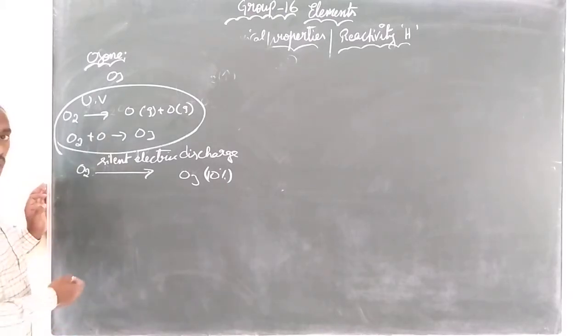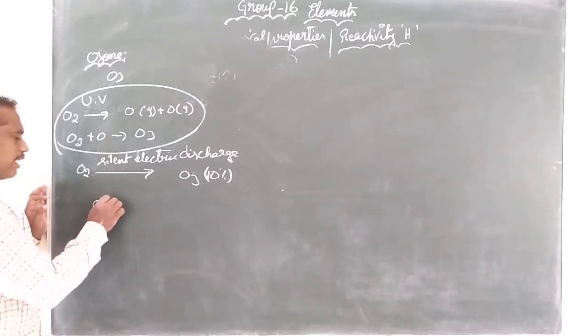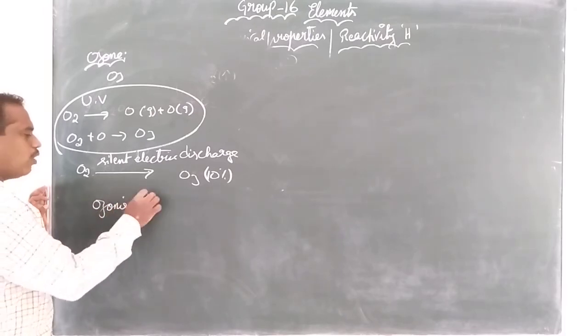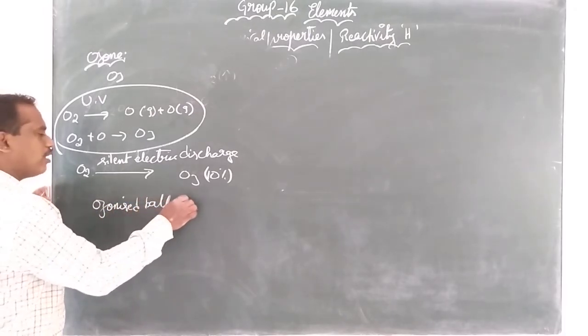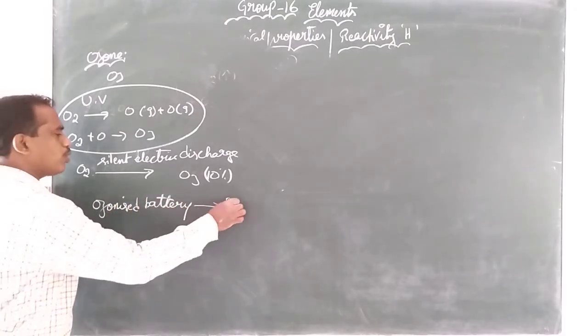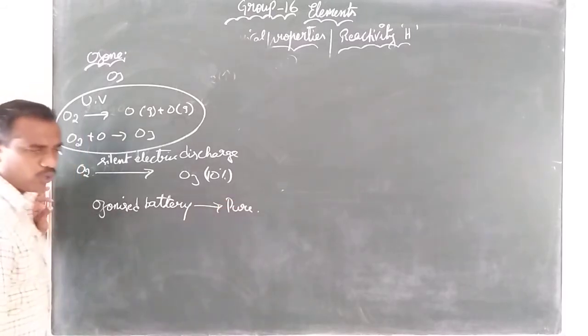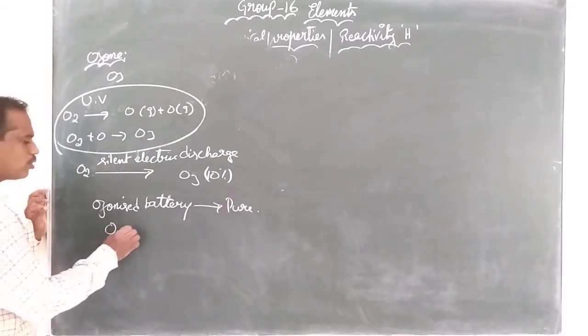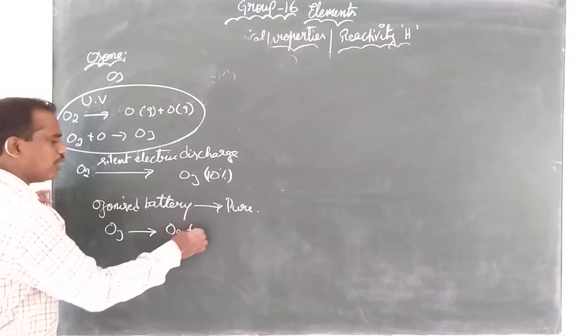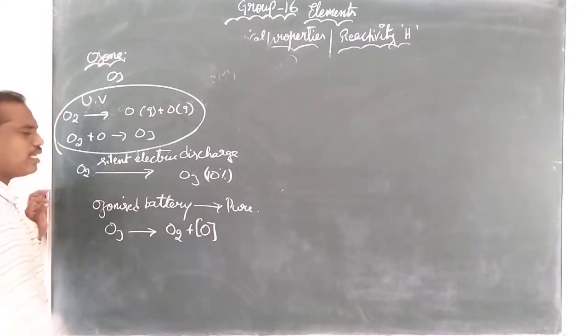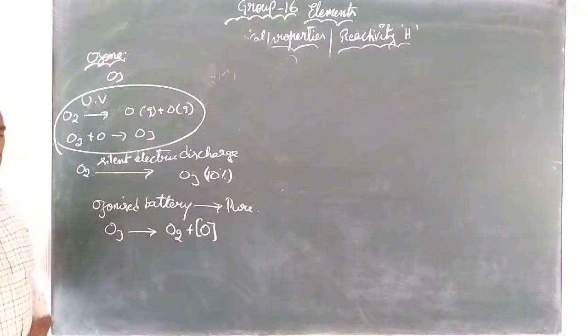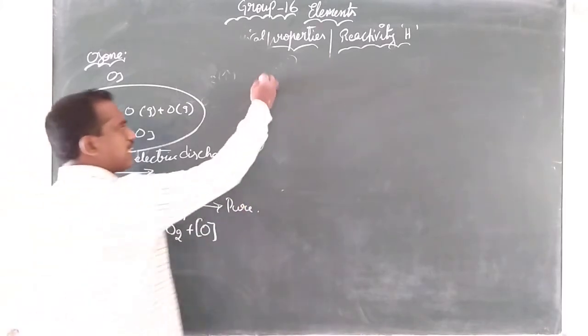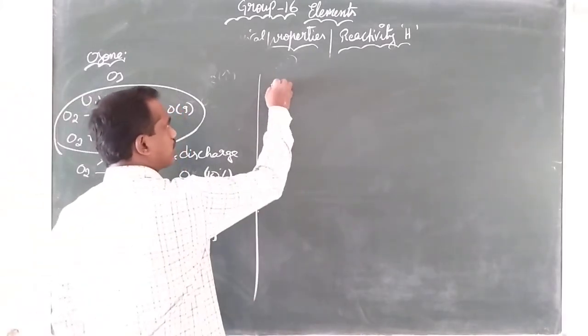If you want more ozone, you must pass this through the ozonizer. Then you can get the pure ozone. The problem with this ozone is it readily decomposes to give oxygen, O2, and nascent oxygen.